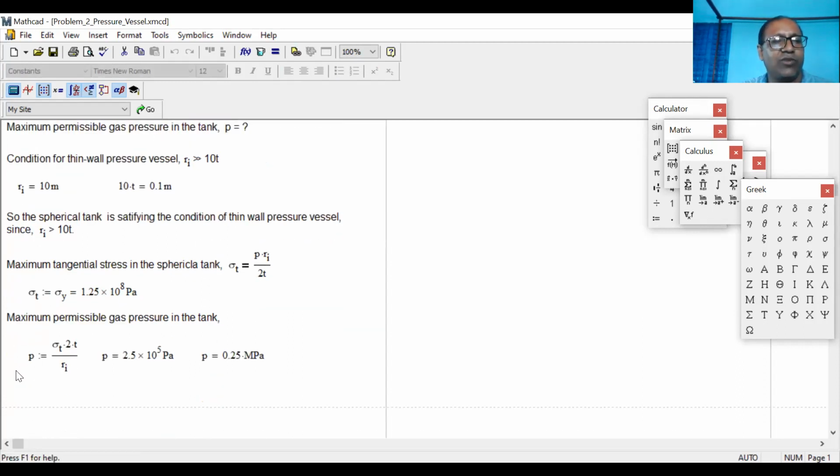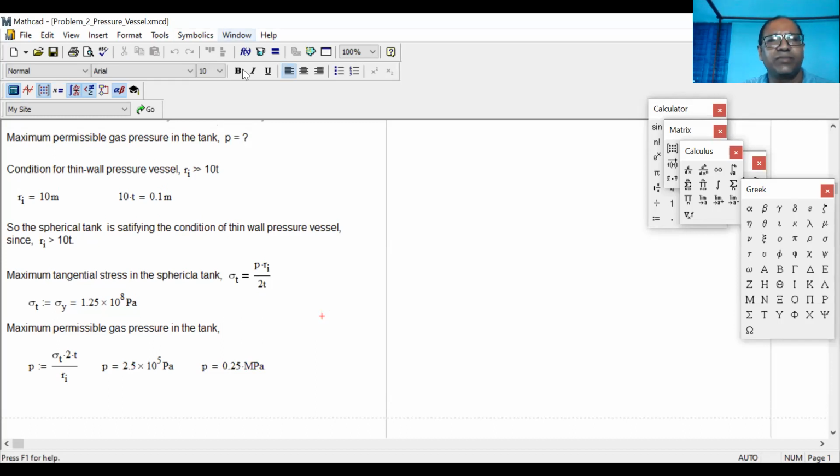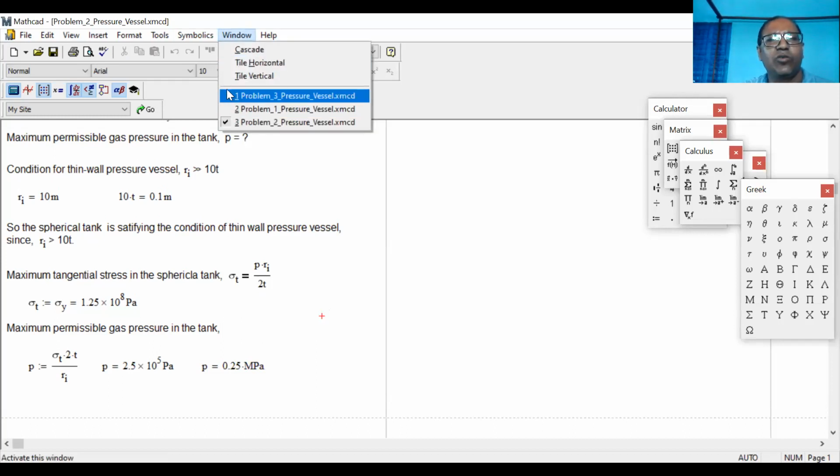So you put the value of sigma T, 1.25, right over here, then you solve it. T value is given, Ri we know, we figure out the P, and we get P equal to 0.25 megapascal. Okay. Any question from this problem? Anyone? No question?